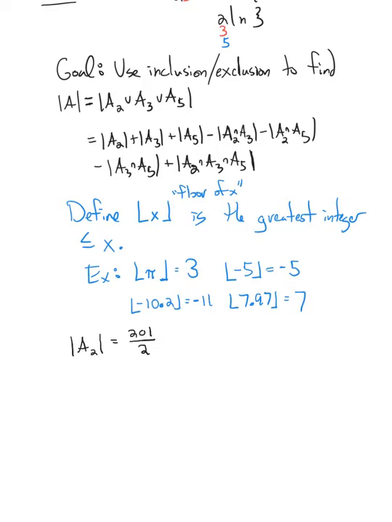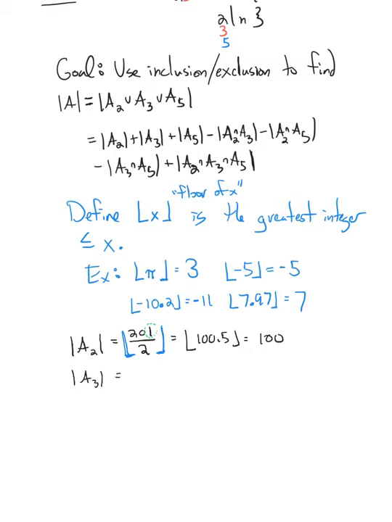The problem with that is we have this extra number. If it was just 200, we would say there are 100 numbers. But we have this extra one, and we don't want to count that in any way. So this is where we use our floor function. We just care about how many fit into this, nothing extra. So the answer is the floor of 100.5, which is 100. So there are 100 elements in A2.